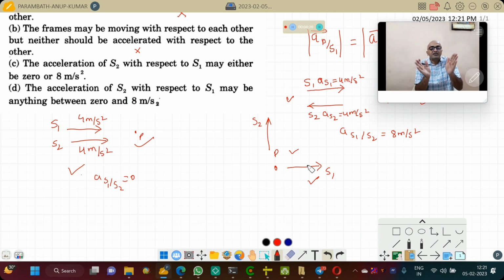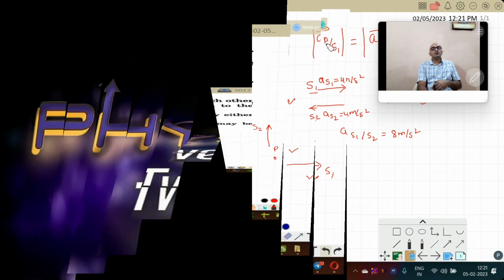It may be any angle. I just put 90 degrees, it is not necessarily 90 degrees. So maybe either 0 or 8 meter per second square, this is also wrong. The acceleration of S2 with respect to S1 may be anything between 0 and 8 meter per second square. Students, there is a printing mistake there. This is the correct answer. I hope it is clear to you, students.